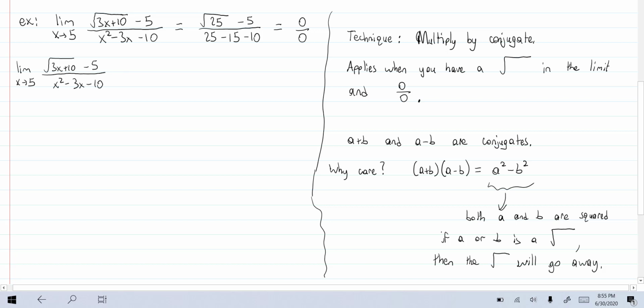Okay. So because I have a square root in my numerator, what I want to do is multiply the numerator by its conjugate. So treating the square root as my a and the 5 as my b, the conjugate of a minus b is a plus b.